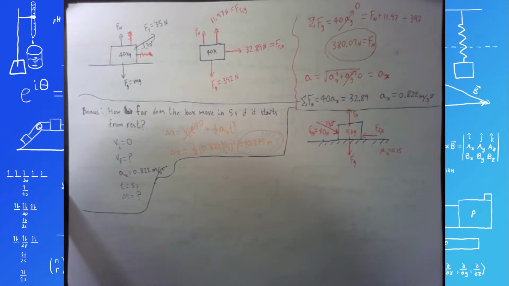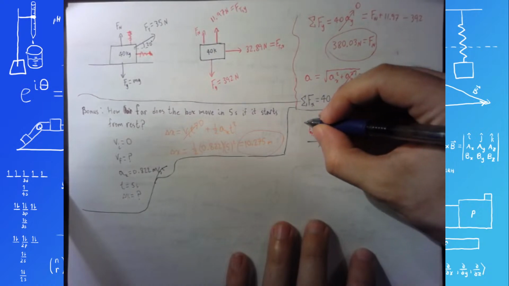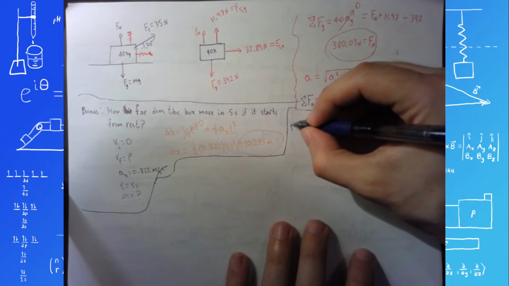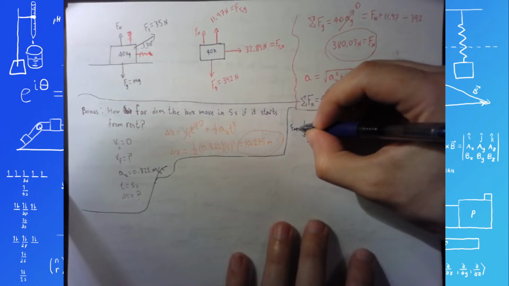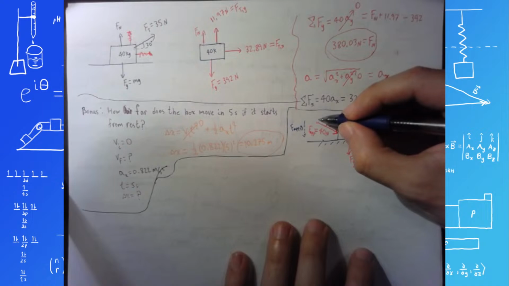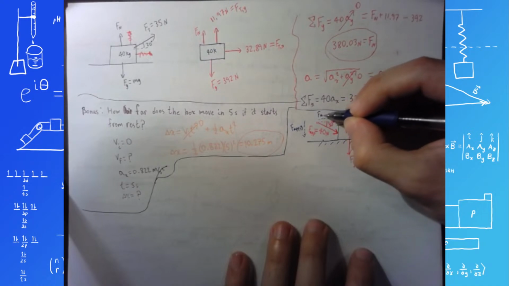And I guess we've got some work to do. So force applied is going to have two components. One that points downward, I guess we can call that force applied y. And a component that points rightward. I'll call that force applied x.